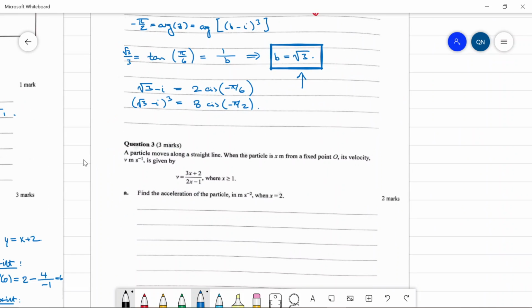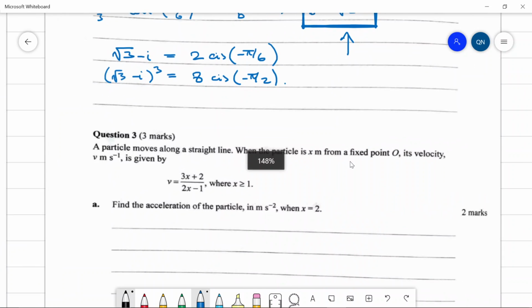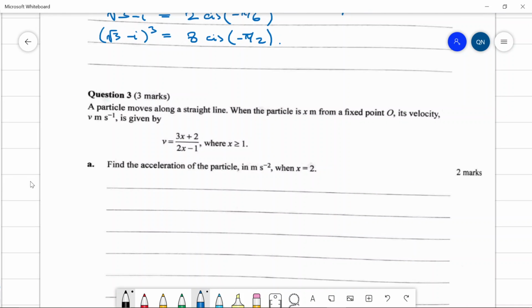Anyways, question 3: a particle moves along a straight line. I think I'm kind of screwed for this one. I know there's a formula with acceleration, v and x, and I completely forgot what that formula is because I haven't seen it in like 2 or 3 years.